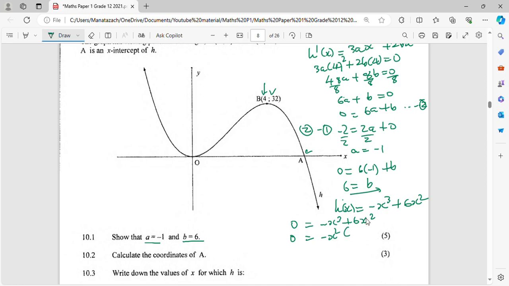Then I'll divide here, I'll get an x. Then dividing it there, I'll get -6. Then this is minus x squared is 0, or x minus 6 is 0. So if I solve here, I'll find that x is 6, which is really going to be the x coordinate of A, and then the coordinates of A is 6 and 0.